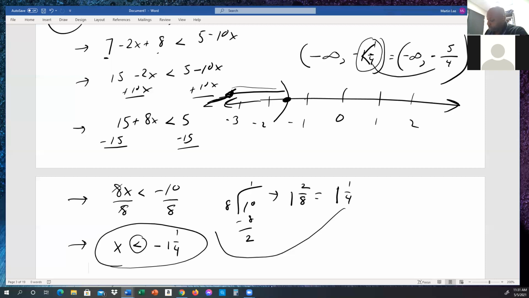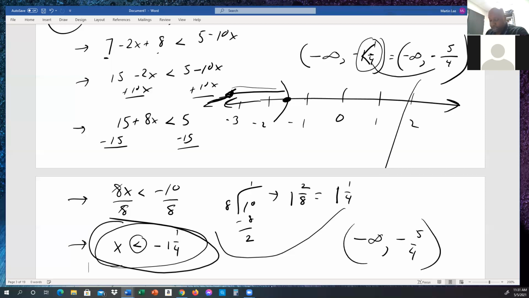So here is the solution. Negative infinity, comma, -5/4 is the interval notation.